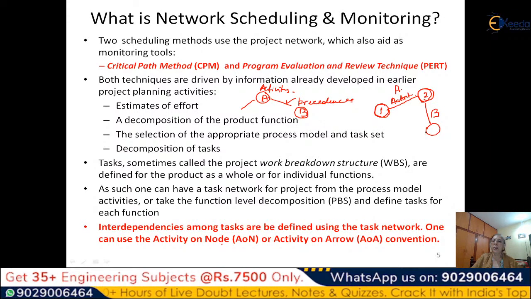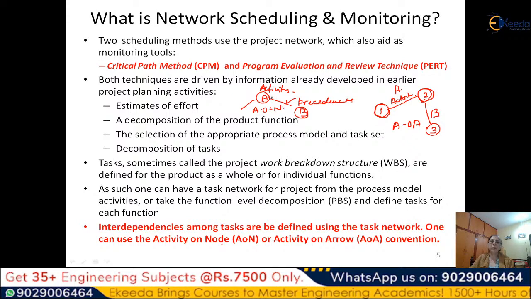So this is the start of B and this is the end of B. This is activity on arrow and this is activity on node, AOA and AON. So there are two different types.